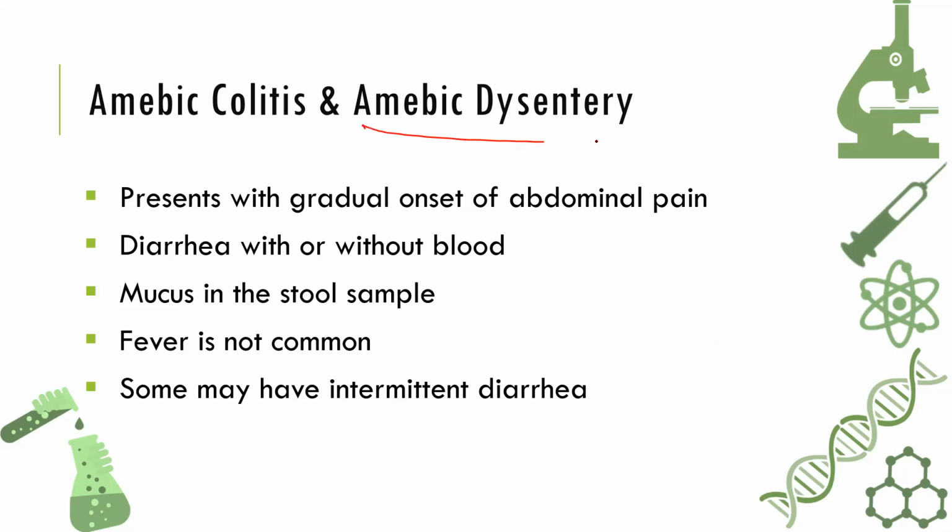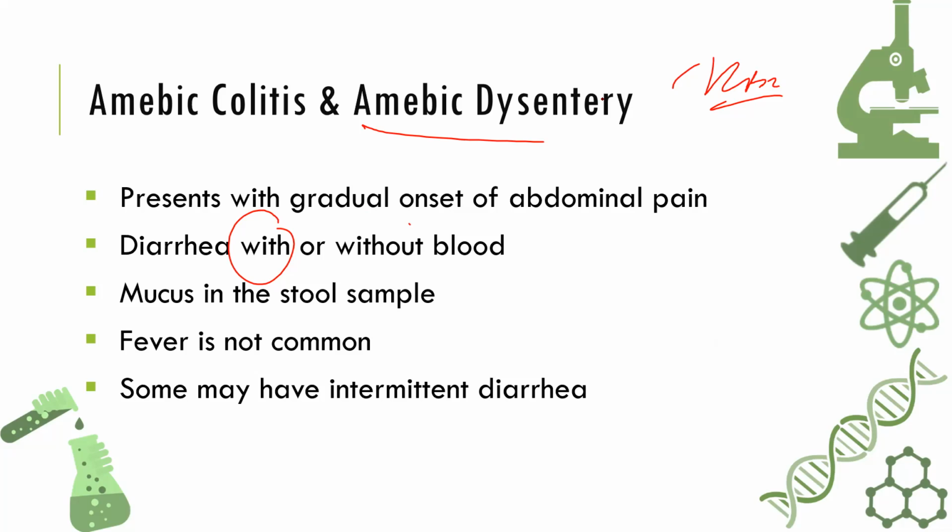But in cases of amoebic dysentery, there is a presence of what we call RBC. Okay? A mucoid sample is usually seen. Fever is not common, and some may have intermittent diarrhea.